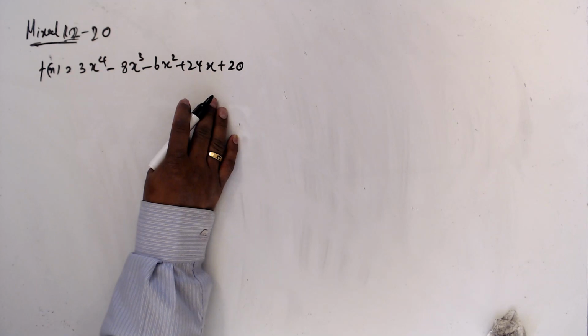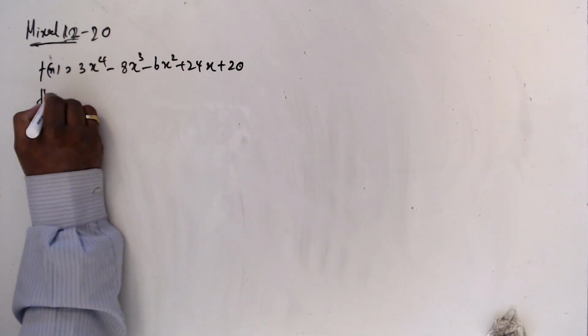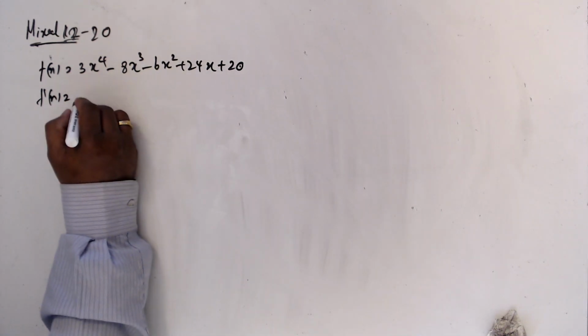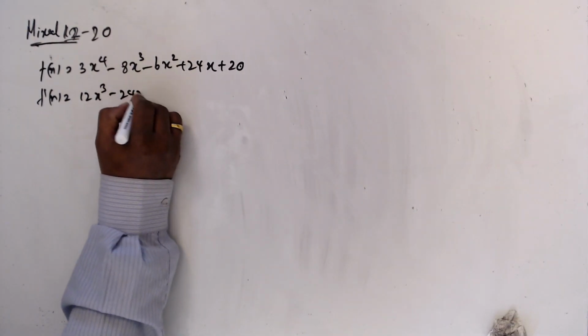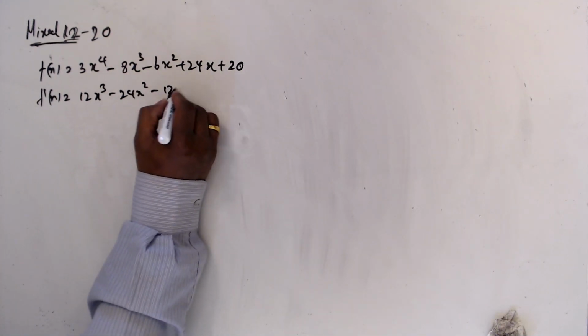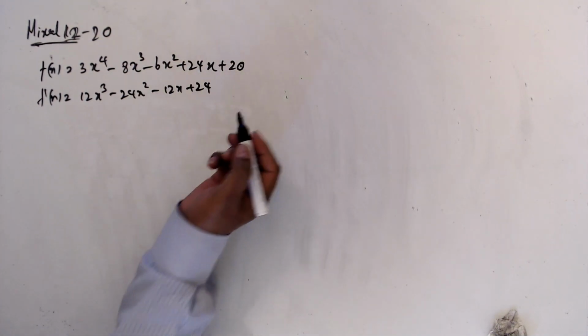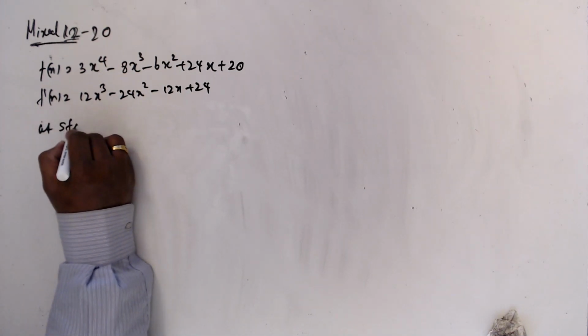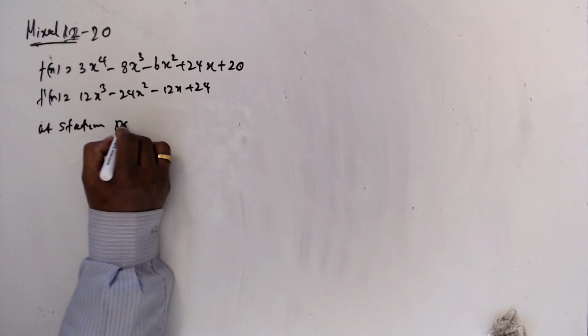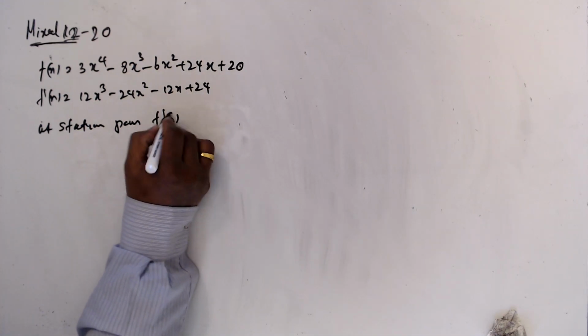Question number 20. We need to determine the stationary points. So we have to find f'(x) first. This is 12x³, and 8 times 3 is 24x², this is 12x + 24. At a stationary point f'(x) = 0.